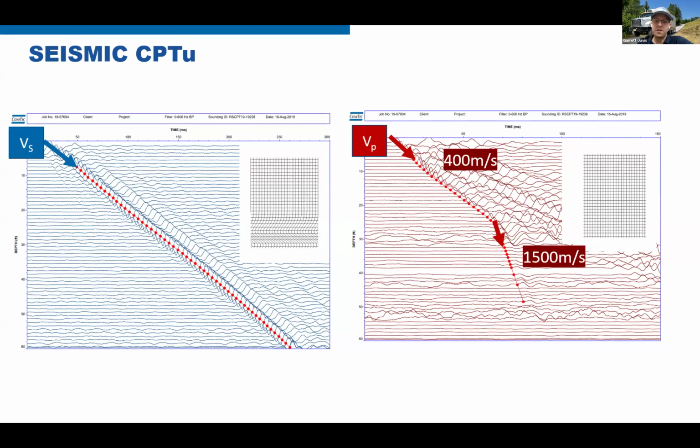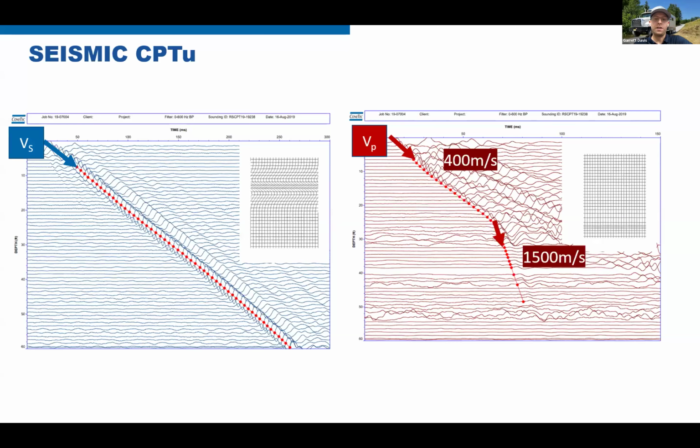The slope changes at approximately 25 meters, and the compression waves start coming in at the speed of sound through water because it's fully saturated. So at 1,500 meters per second, or about 5,000 feet per second, is the speed of sound through water.